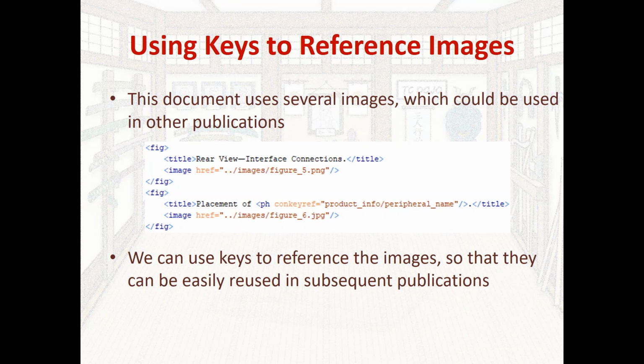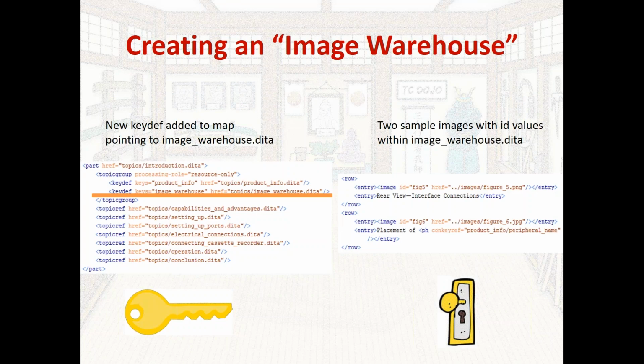In this case, we have the rear view interface connection, which points to figure 5.png, and various other images within this document. We can use keys to reference those images so that they can be easily reused in subsequent publications. This is where the idea of creating an image warehouse comes about, and this is basically a recommended best practice.